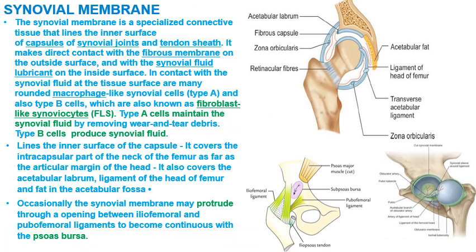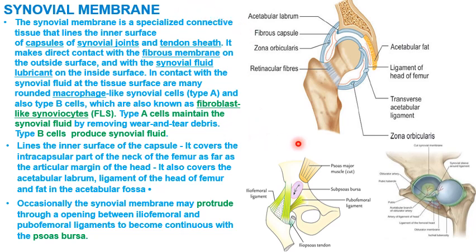So the synovial membrane. The synovial membrane is a very thin sheet of tissue that lines the inner surface of the capsules of the synovial joints and the tendon sheaths, that is, the capsule of the joint.